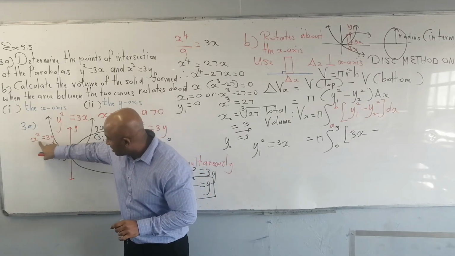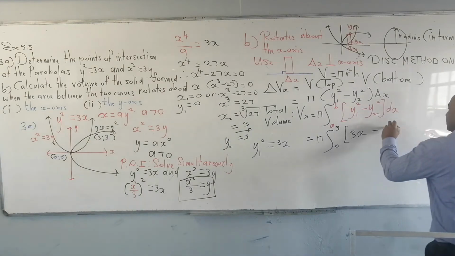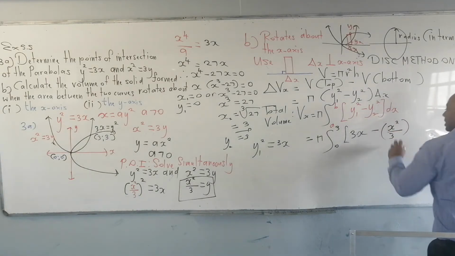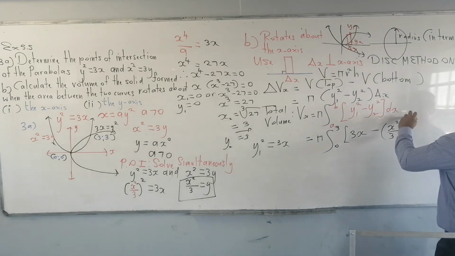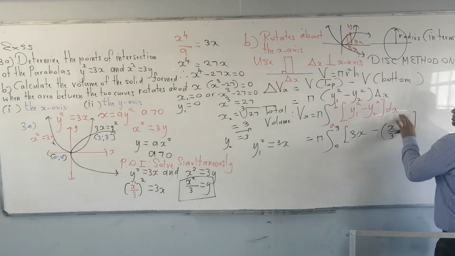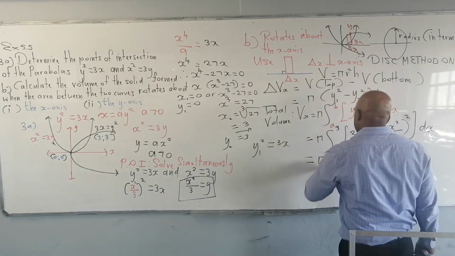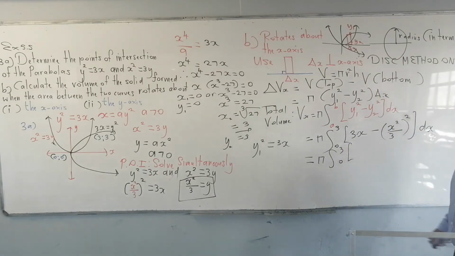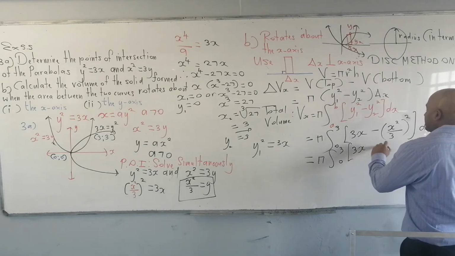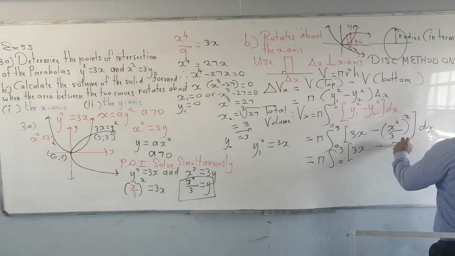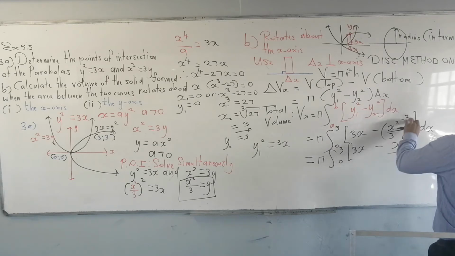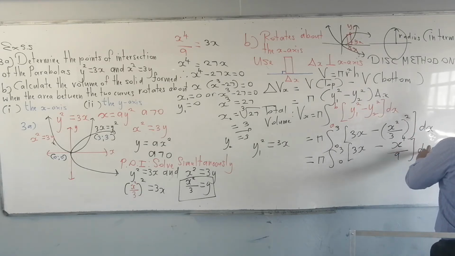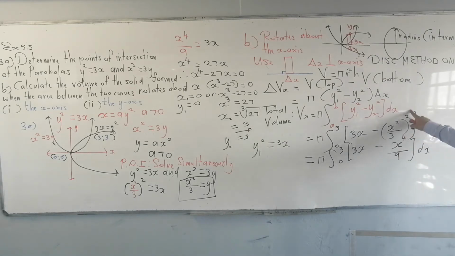So y2 is equal to x squared over 3, but it has to be squared. Now I just need to simplify first and then integrate and substitute. There will be 3x minus x to the power 2 times 2, which is 4, and 3 squared is 9. Remember, a power raised to a higher power, multiply the exponents.